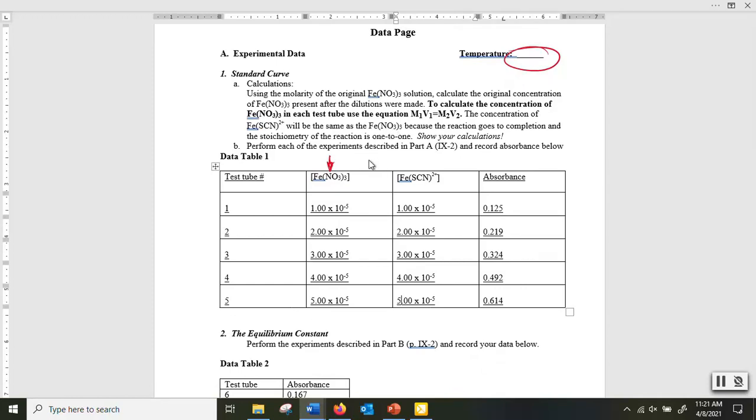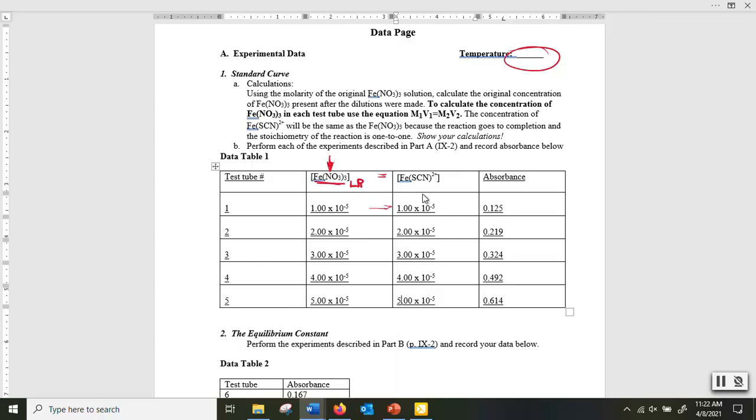Now, because of Le Chatelier's principle, because this is the limiting reactant and I have flooded this test tube with extra reactant, effectively we can say that the iron thiocyanate concentration is going to be equal to the iron 3+. So that's what I've done here. Test tube 1, we figured out that was 1 times 10 to the minus 5th, so that's what the iron thiocyanate is, etc. for all of these different test tubes.